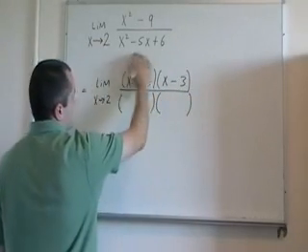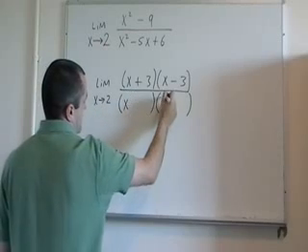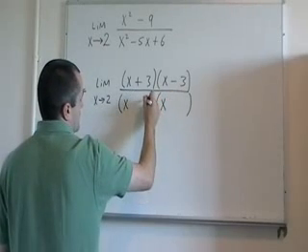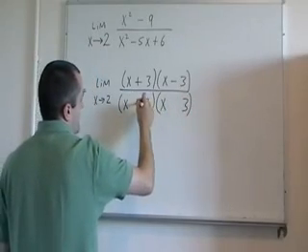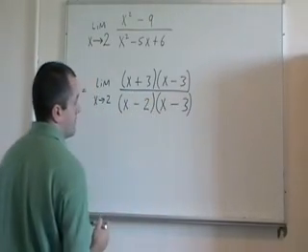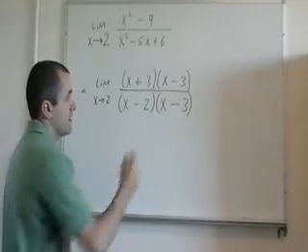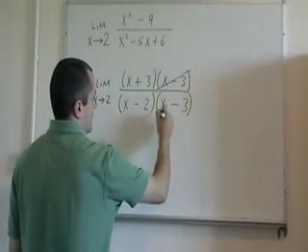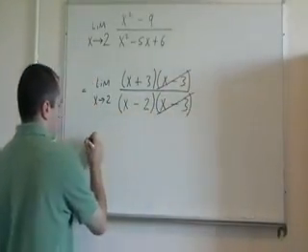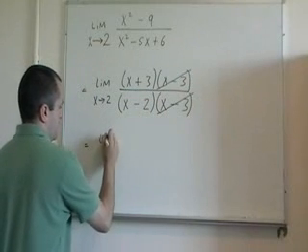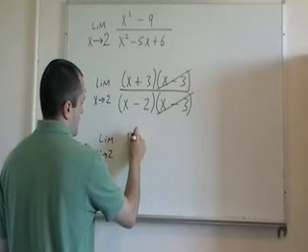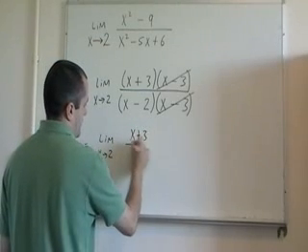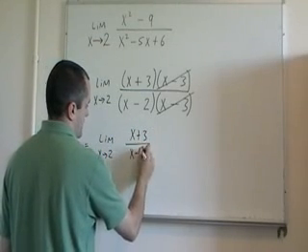It's a regular quadratic, so it's (x minus 2) times (x minus 3). Now I notice that I can cancel this x minus 3 with this x minus 3. So we're simply left with the limit as x goes to 2 of (x plus 3) over (x minus 2).